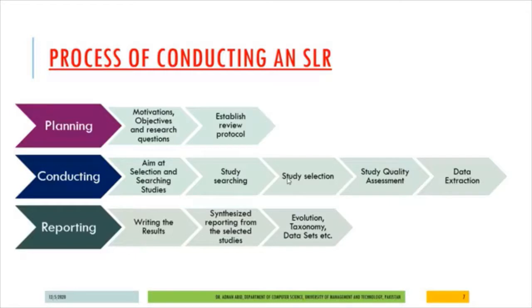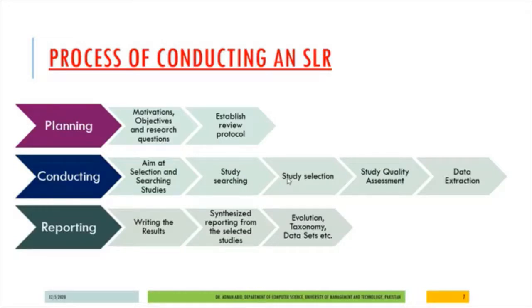And once we have extracted data, then we come to stage three, which is reporting, and we start synthesizing the information that we have extracted from previous research. We start writing about results. We start writing about the approaches that people have used, how they have evaluated them, if at all there are some evaluation measures, and then we also discuss the evolution of research in a given area.